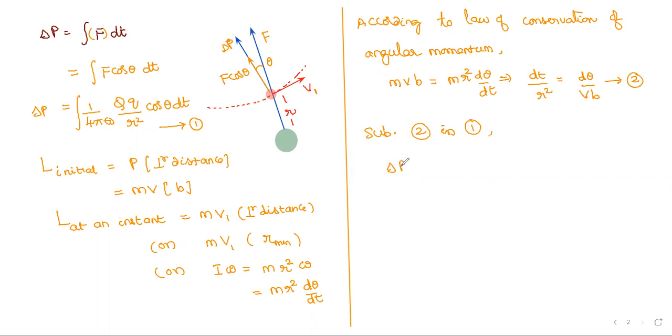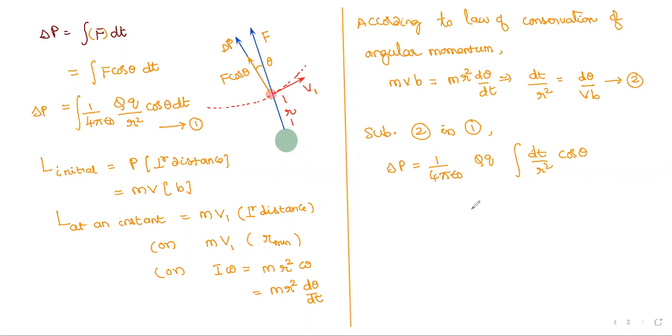Then you will get delta p is equal to 1 by 4 pi epsilon naught, q by r square, and integral here, sorry, q r square is there inside. Actually, I have to write q into dt by r square into cos theta.